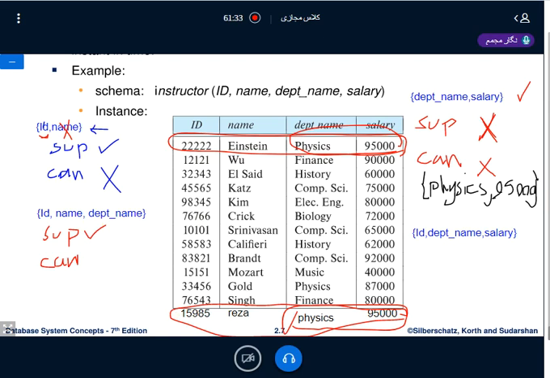Yes, this is a super key because with the ID and name and dept name, I can find the exact tuple or exact record.